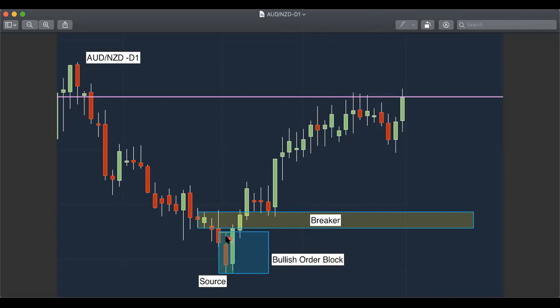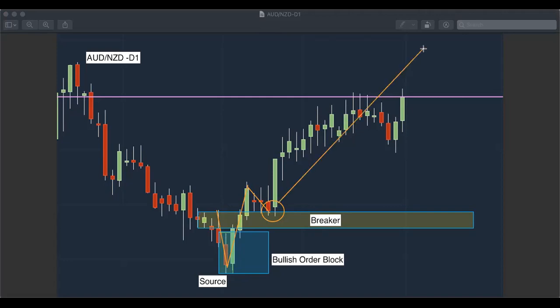As you can see, this is the push down, and then we are getting engulfing bullish candles, 3 in a row, which is a very good confirmation to buy. So once we see this price action to the downside and this bullish order block, and we have a breaker, so we are getting the retest of breaker, and here is the best place to buy and see what will happen.